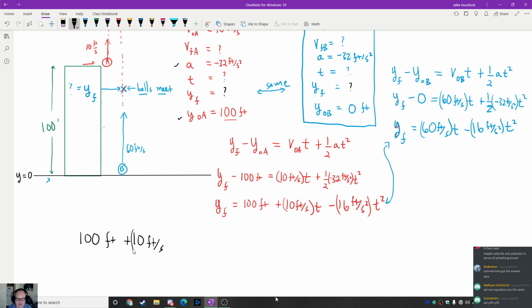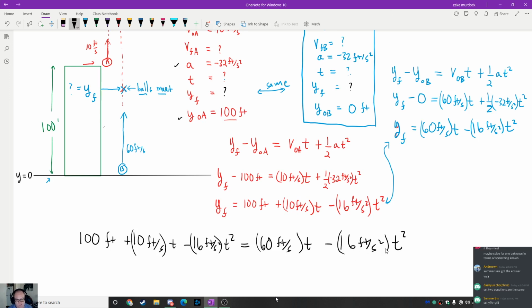We could also subtract the equations if you wanted to. Times t minus 16 per second squared. This t squared is equal to 60 feet per second times t minus 16 feet per second squared times t squared.